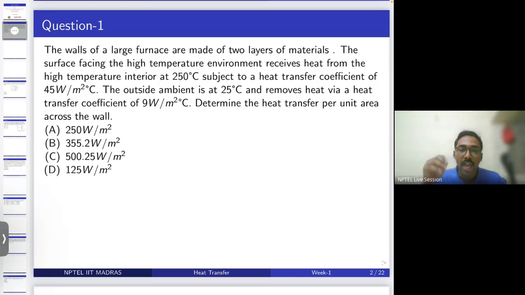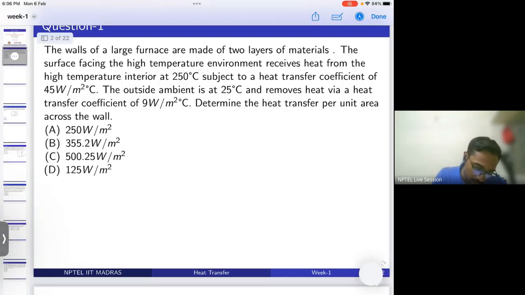The other side of this wall is at ambient temperature of 25 degrees Celsius and has a heat transfer coefficient of 9 watts per meter square degrees Celsius. We have to determine the heat transfer per unit area. I will draw the schematic first, which will help you to solve this. You can also start solving this question.